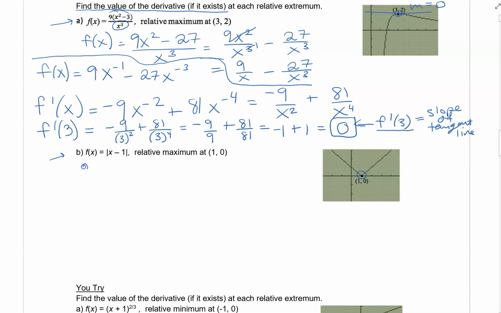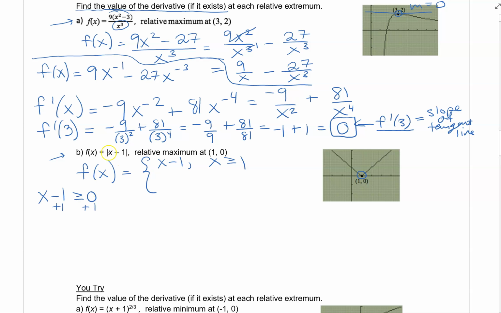So here, I'm going to go ahead and just rewrite this function. This is an absolute value function, but I can rewrite it as a piecewise. The absolute value of x minus 1 will equal the same thing, x minus 1, if x is greater than or equal to 1, because these values would keep the inside of the absolute value positive, right? I want to find what makes that positive.